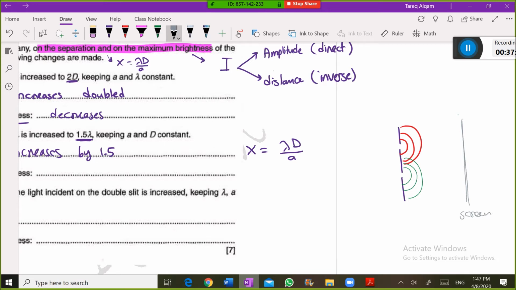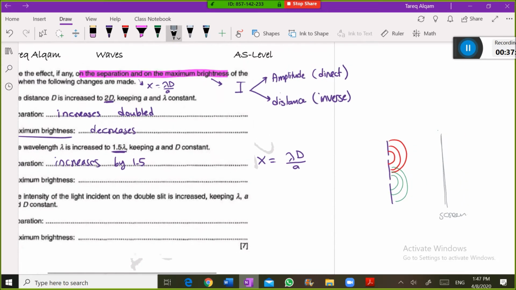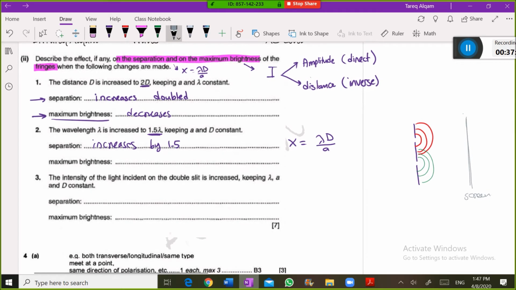Okay guys, now if I increase the wavelength, let's say lambda here equals a, so that we have maximum spreading or maximum diffraction, right?